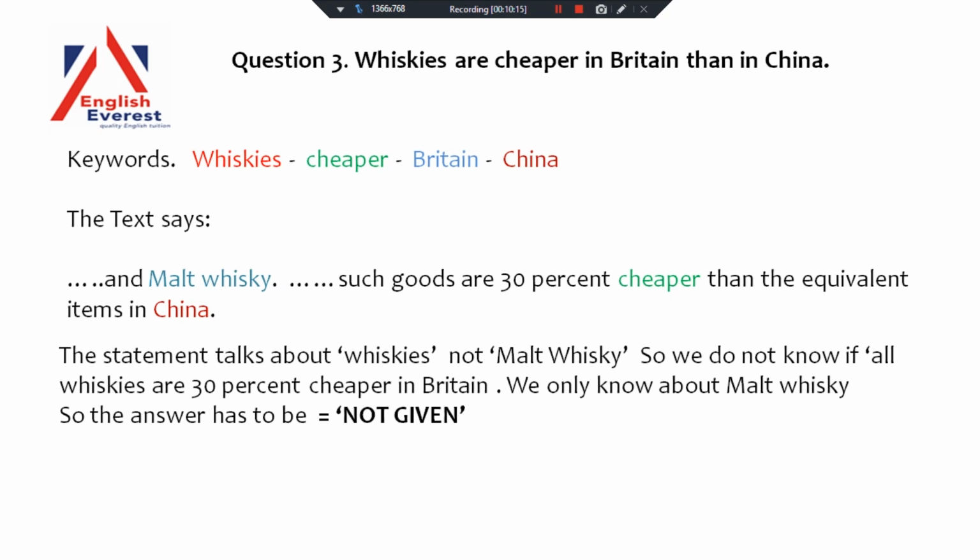So the sentence says whiskies. This means all whiskies. The text only refers to malt whiskey. So we don't know if all whiskies are cheaper in Britain than in China. So if we don't know that information, because it doesn't tell us, it's going to be not given.